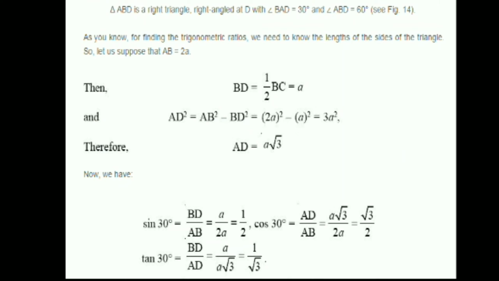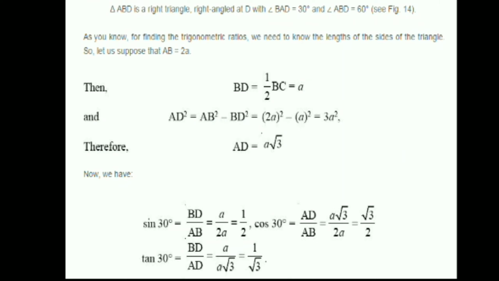Okay, so we find AD square is equal to AB square minus BD square. AB is 2A, that is 4A square, minus A square, that is 3A square. So AD is equal to A under root 3. By Pythagoras theorem we have found the value of AD, that is A under root 3.